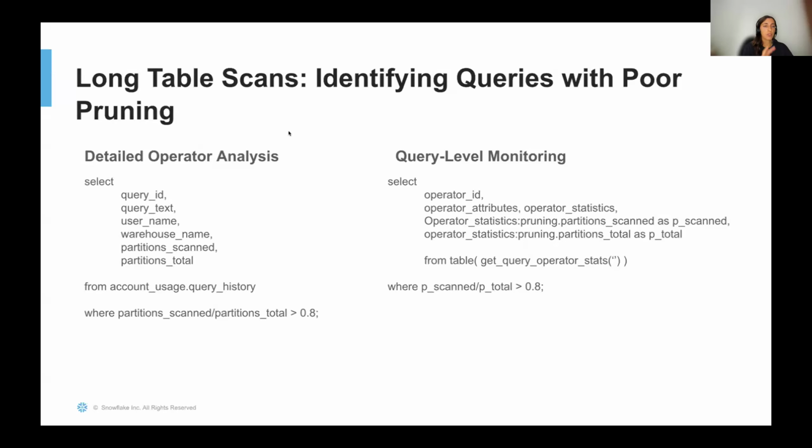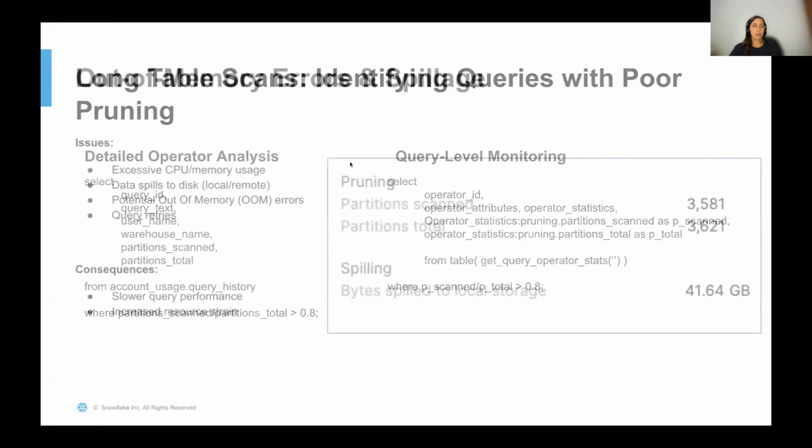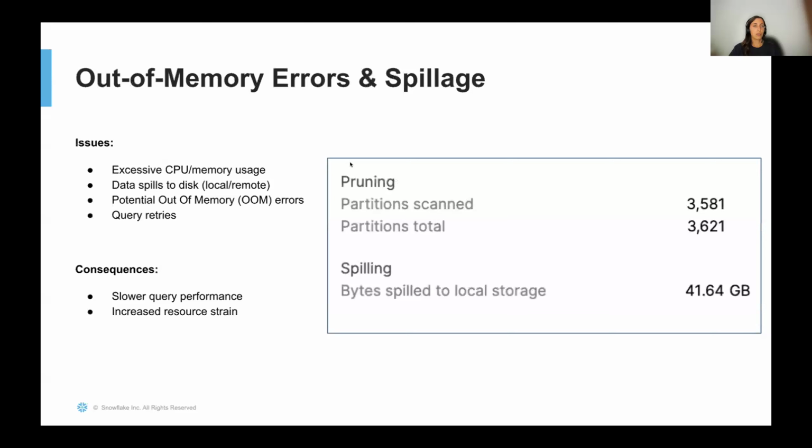Here I just put two of the main queries that are usually utilized to identify them, either with the operator analysis or the query level monitoring. I think we can also speed up this process to leave enough time to cover also the out of memory errors and the spillage. So perfect. Over to you.